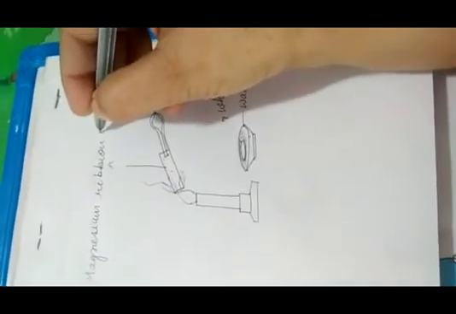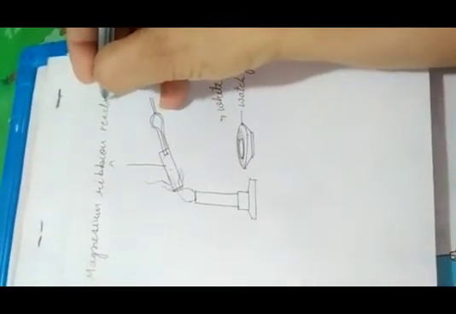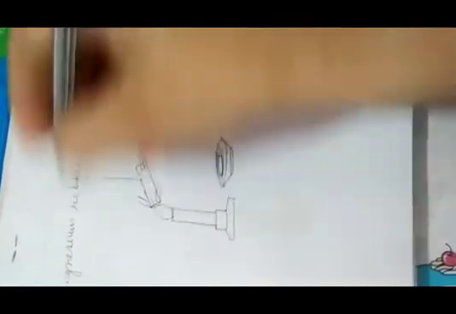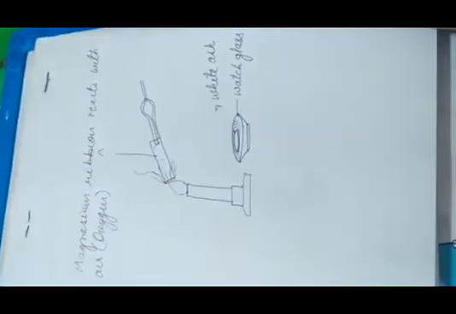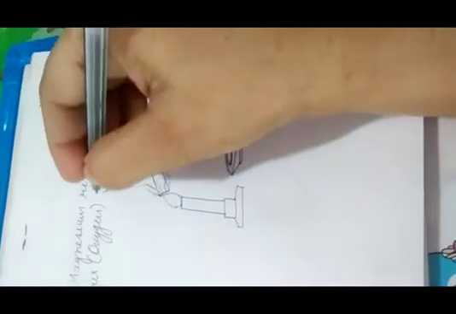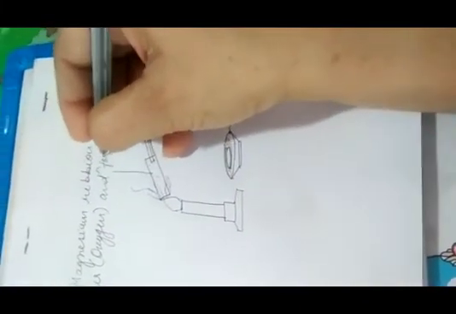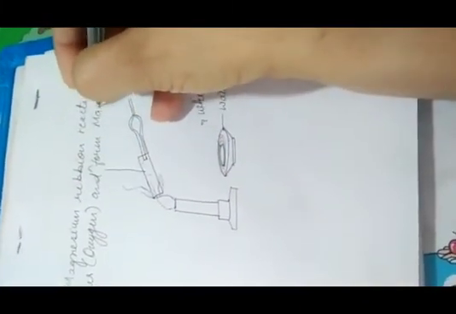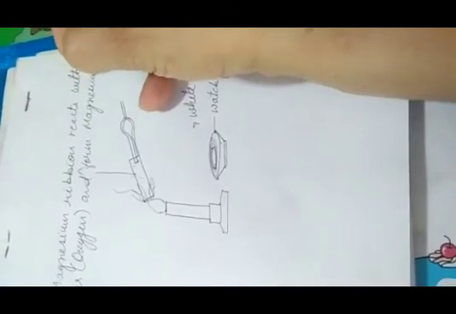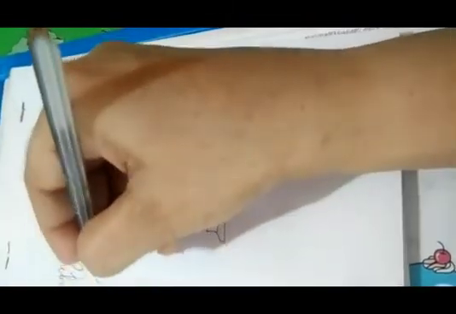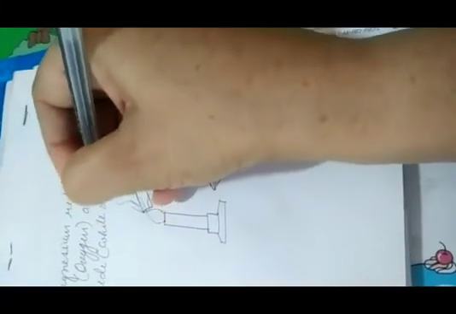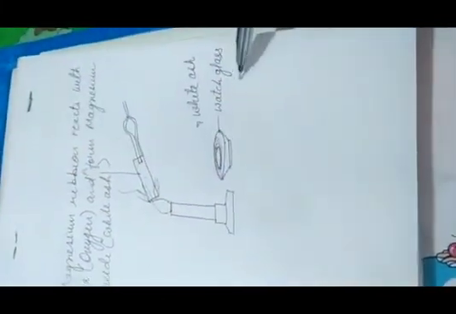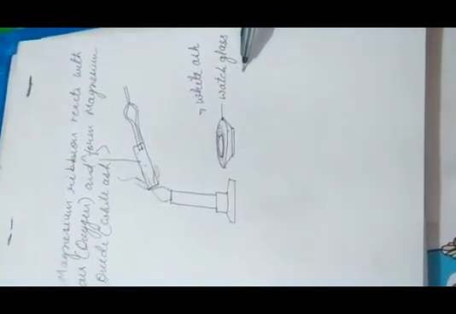The magnesium ribbon has reacted with the air, that is oxygen, as oxygen supports burning, and forms magnesium oxide. That is the white ash which you see in this watch glass.